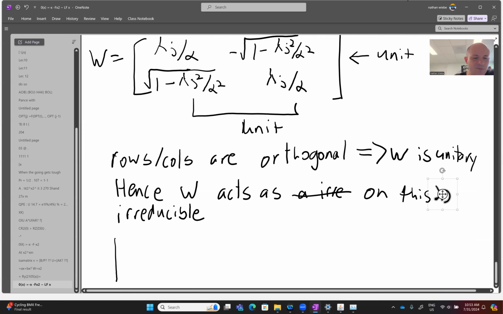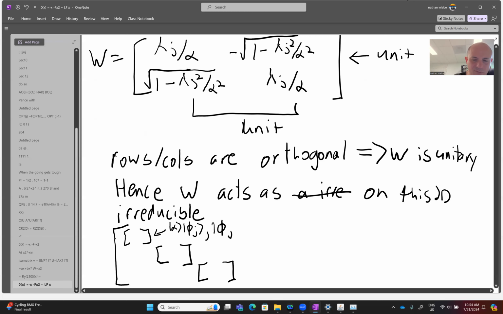So W can end up looking like the following. It will look like a series of direct sums of 2 by 2 blocks, where each of these will be spanned by alpha, phi j, and phi j perp. So this would be alpha, phi 1, phi 1 perp, and this one, of course, will be alpha, phi 2, phi 2 perp, and so on and so forth.